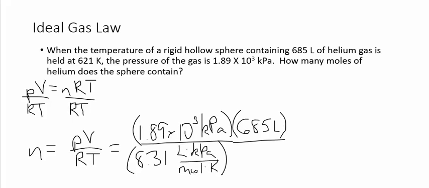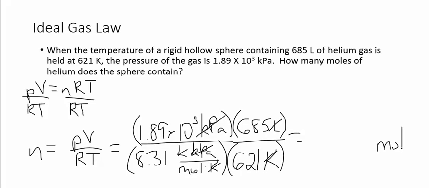And then temperature, 621 Kelvin. Your units, everything should cancel out except what I'm looking for, which is moles. It's down here in the denominator of the denominator. So when we solve, moles will be my unit. The number of moles comes out to 251.